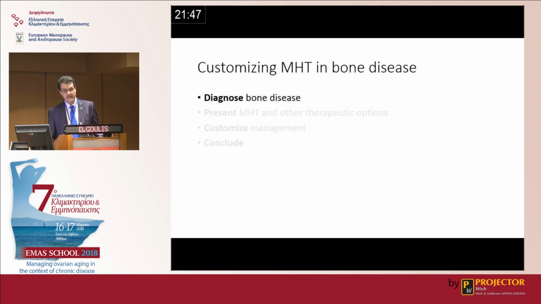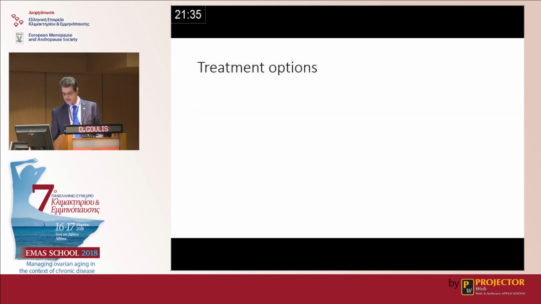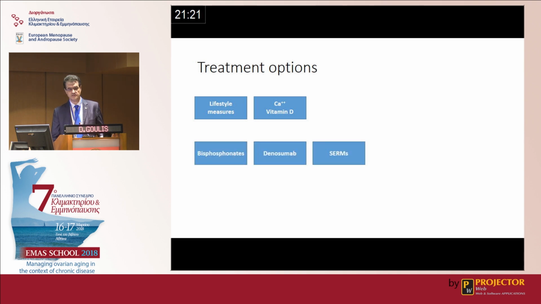After having diagnosed your bone disease, let me discuss the menopausal hormone treatment and other therapeutic options that are available. In the back of my mind, I would say that the first line approach is lifestyle measures and calcium and vitamin D. Then as second line, we have bisphosphonates, denosumab, and SERMs, selective estrogen receptor modulators.